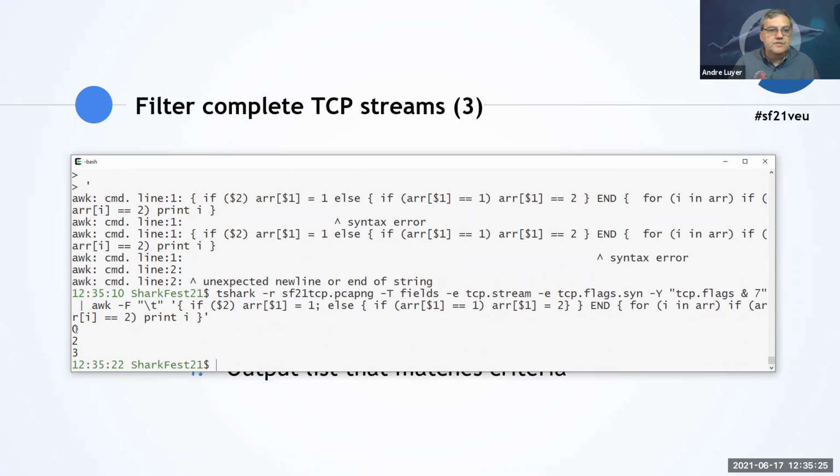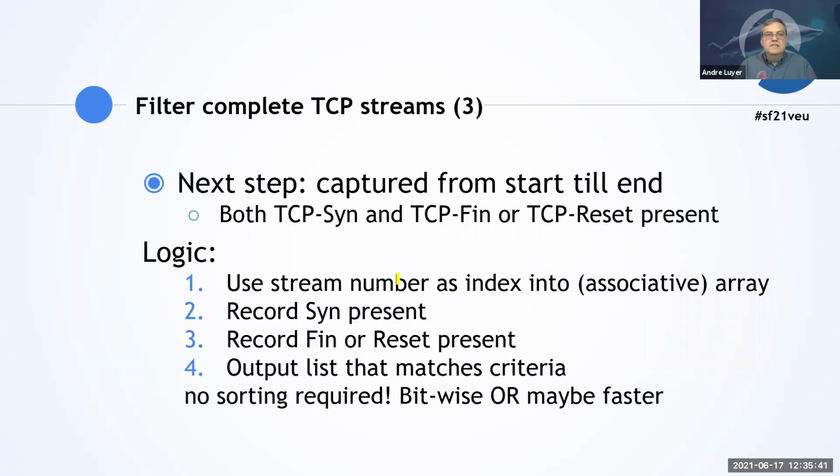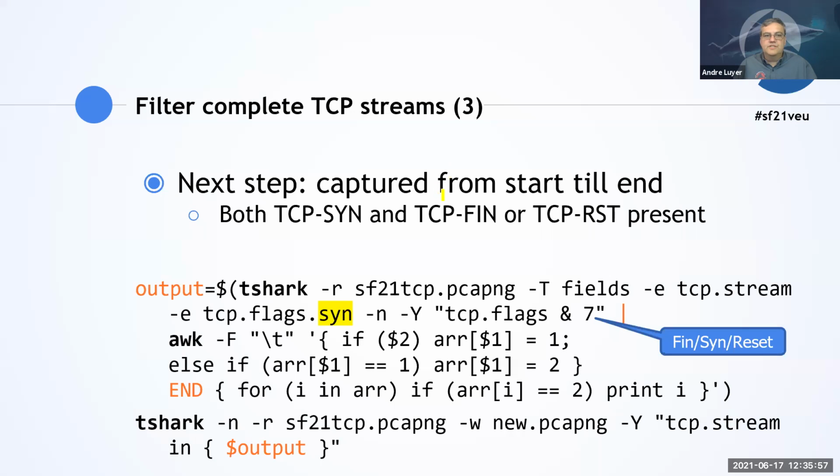So now you have these fields again, but you know for sure it's only a complete session from the beginning to the end. And you can use the same method to create a new file only containing these complete streams. Oh, and by the way, by storing it in this way, you don't have to sort the output. And depending on the programming language, bitwise OR would be faster than what I just did with OR. So this is how we did it.